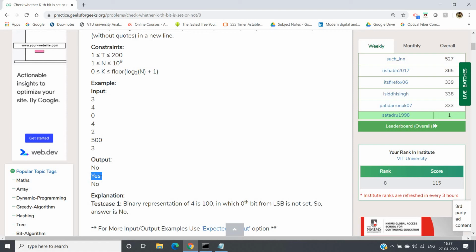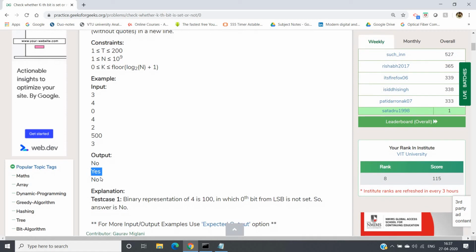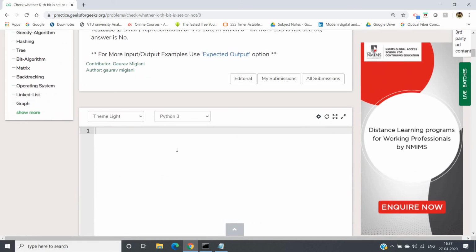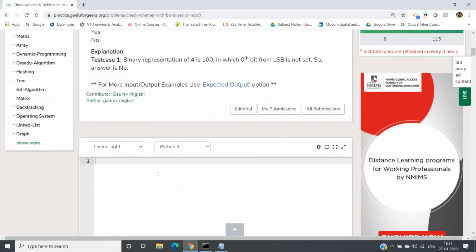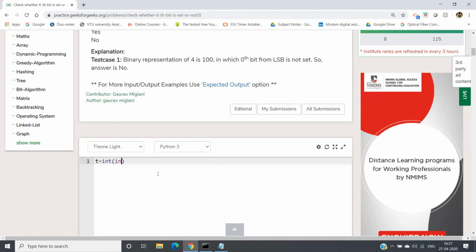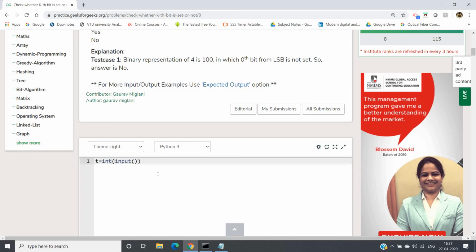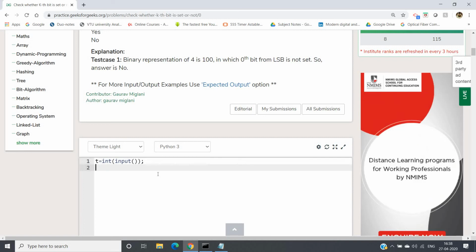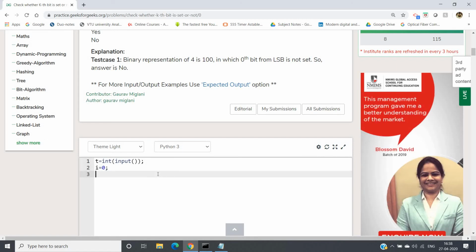I am explaining here. Let me directly go to the code. First I have to take the number of test cases as input from the user. Okay, t equal to int input. Then I am defining one variable i with 0.